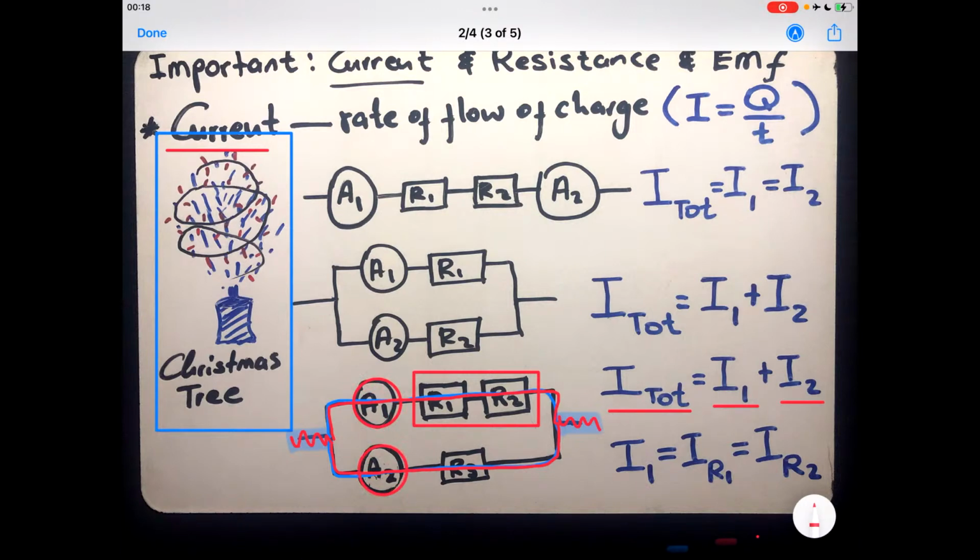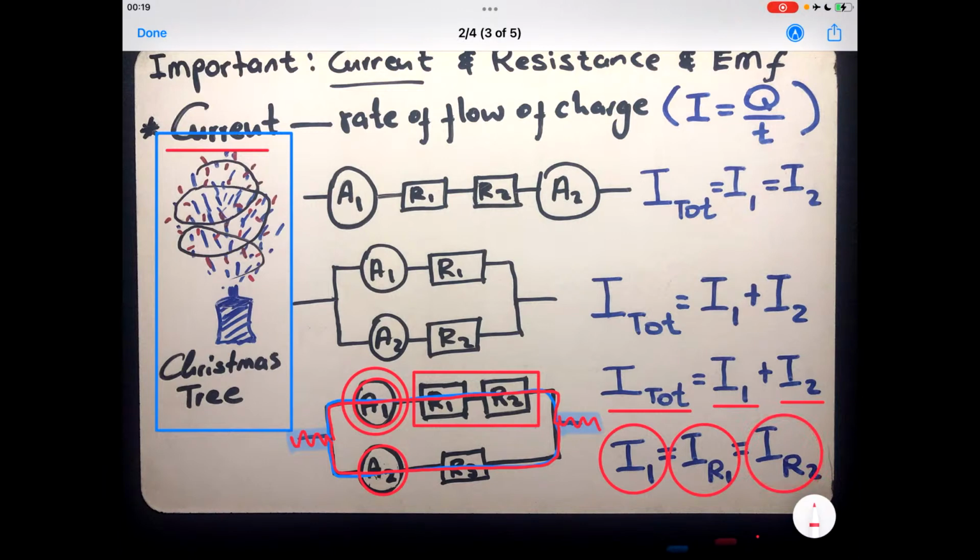Again, honorable members, the current passing through ammeter 1, which is the current on that side where we have a series connection within that parallel connection, the current passing through resistor 1 is the same as the current passing through resistor 2.